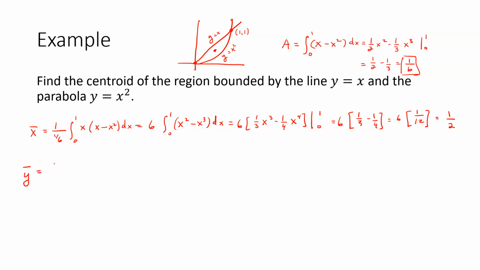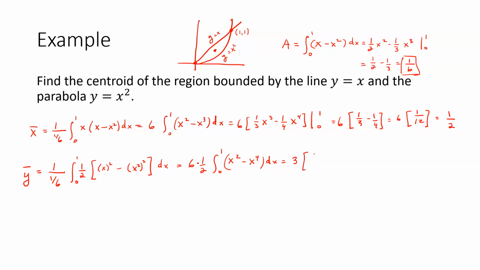Okay, so y bar again is 1 over A, so 1 over 1/6, integral from 0 to 1 of 1/2 the upper curve squared, so x squared, minus the lower curve squared, so x squared squared. So here again we got 6 times 1/2. And then we've got x squared minus x to the fourth. 6 over 2 is 3.